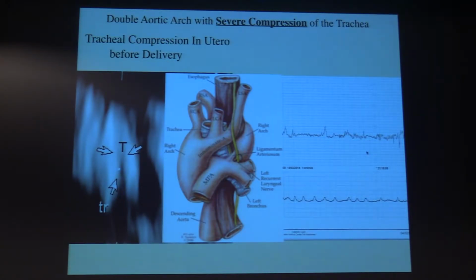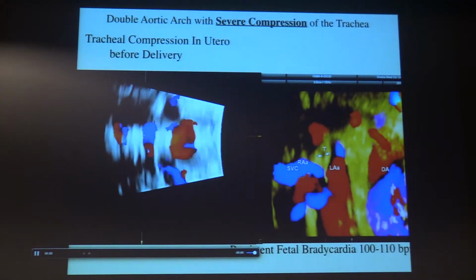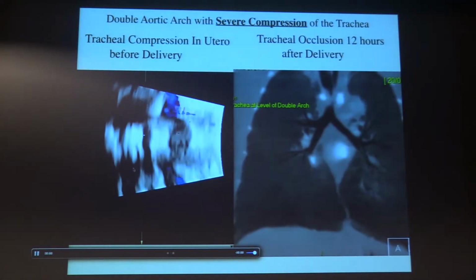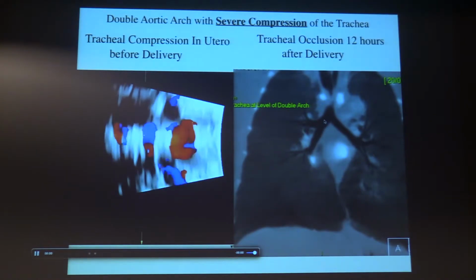Usually for us, the normal heart rate is between 140 and 160, and here the heartbeat was below 120, between 100 and 110 beats per minute, so it means that there is some vagal compression by the ring. This is the vagus, and you can see it here again, the very narrow trachea, and it is immediately after delivery.